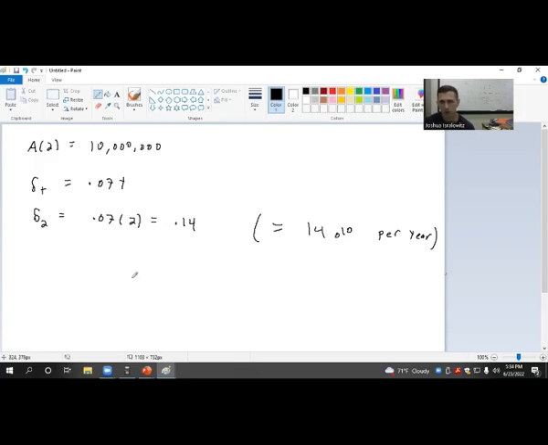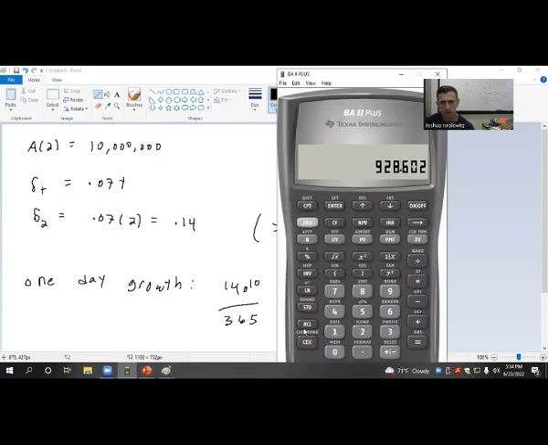Okay, so if I have 14% growth per year, well, just like in the previous example, I'm just going to take 14% divided by 365. 1 day is 1 over 365 years. 14 over 365, so I got 0.03836. Let's just round actually to 0.0384.